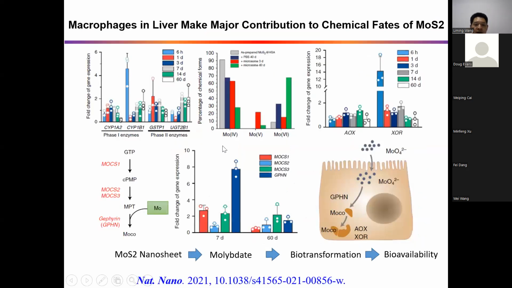As we know, the Mo element is important for the Mo enzymes inside the liver, for example, AOX or XOR. There are two kinds of metabolism enzymes that include Mo elements. So we found that after exposure to the nanoparticle, the mRNA level of these two molecules increases with time.